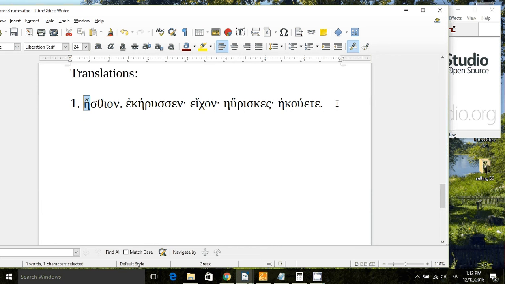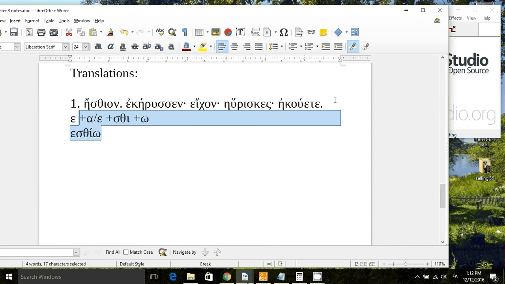So if I'm thinking, what is the original form of this word, I know that eta is originally epsilon plus either an alpha or an epsilon, plus theon. I'm trying to figure out what the original word is so I can look it up in the vocabulary. So the original word is esthio. I eat.